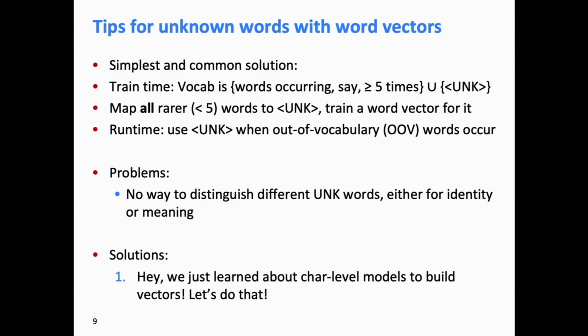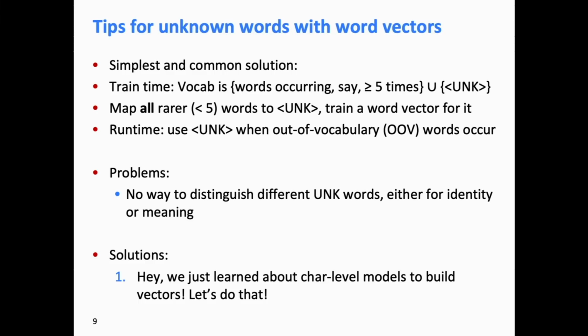I'm just going to deviate here from the main narrative to say one more tip for dealing with unknown words with word vectors, just in case it's useful for some people building question answering systems.